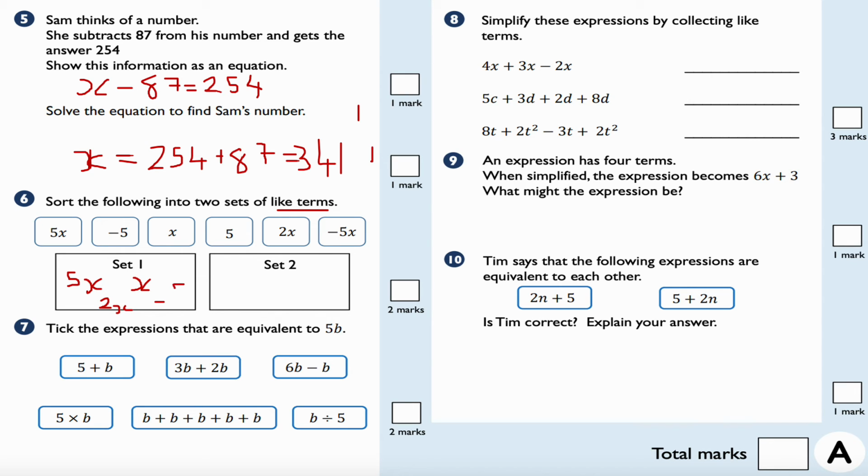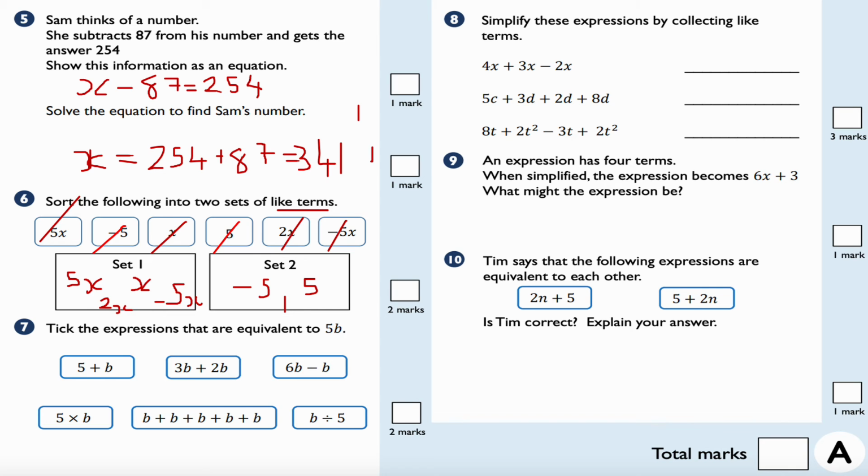These are what I call like terms because I can combine these together. So cross that off, cross that off, cross that off, cross that off. The next set will be the numbers, minus 5, comma, and then 5. So these are my other sets of like terms, because I can combine the numbers together and I can combine the x's together.